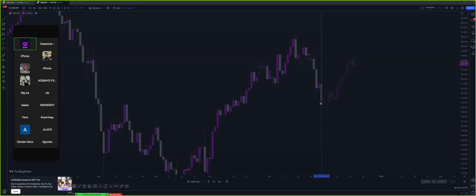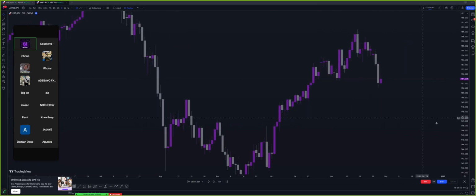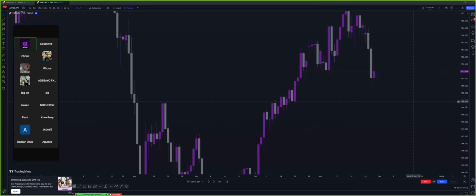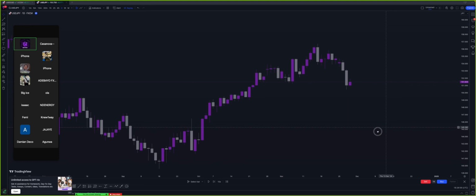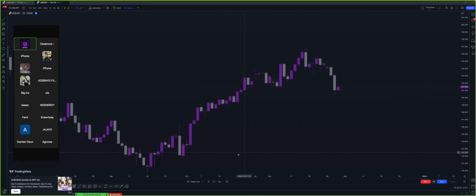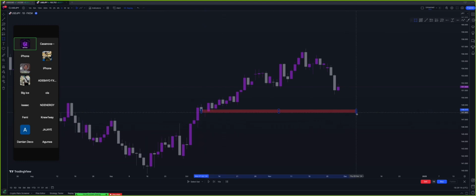Okay, very good. Now if you mark out a demand zone on the daily time frame, let's mark out this daily demand zone. This is going to be our demand zone on the daily time frame.